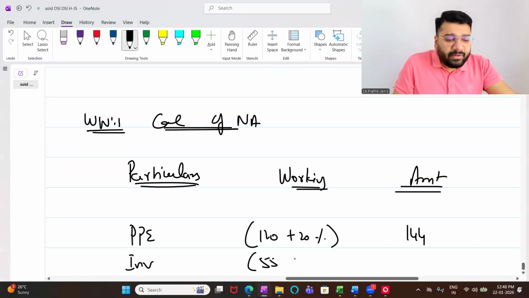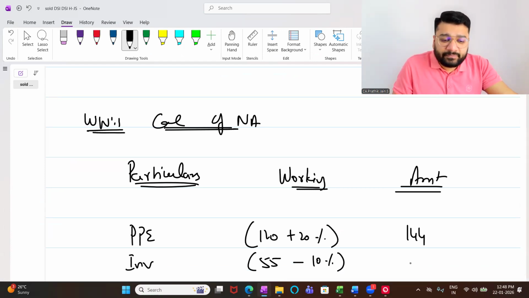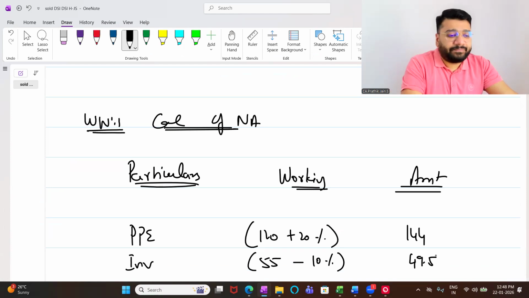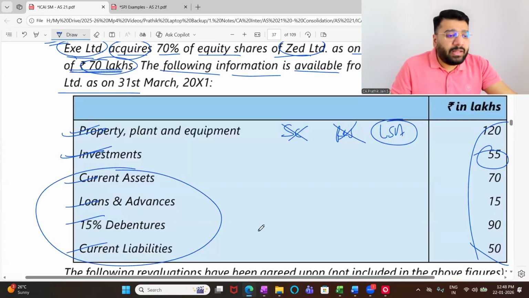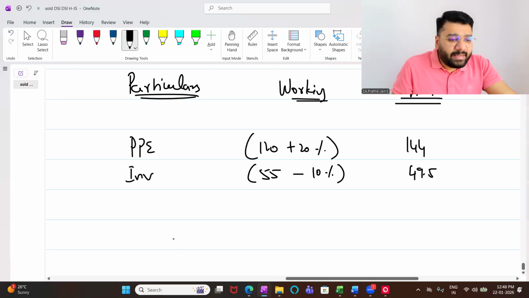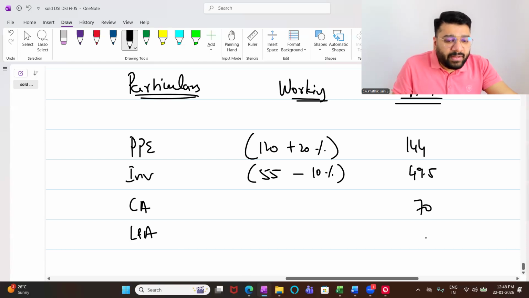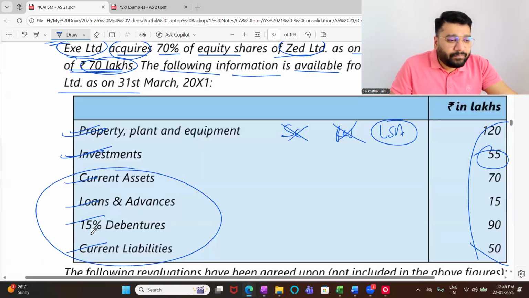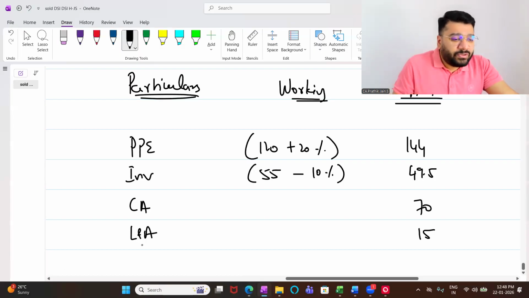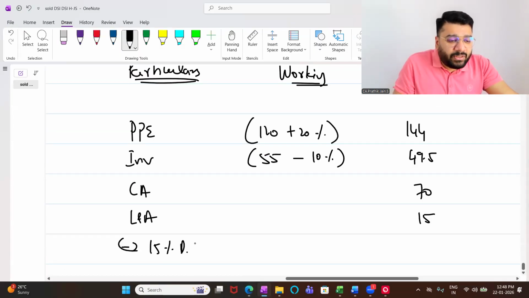Next, investment 55. Down means minus by 10%. How much it is? 49.5. Can I take rest all at the book value itself? Current asset 70 lakh. Loans and advances 15. Minus 15% debenture 90.